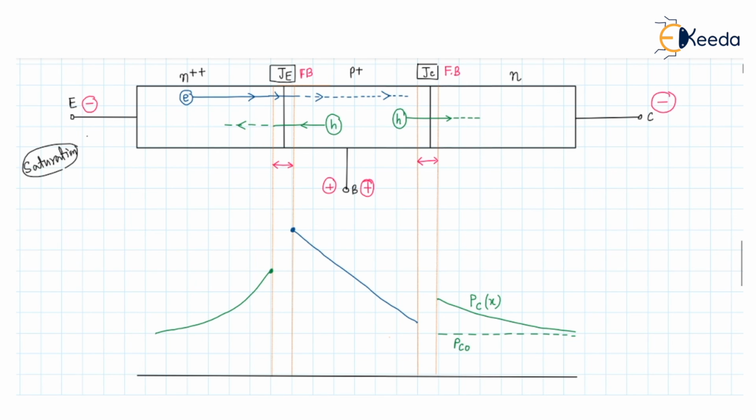Similarly, in the base region, this blue graph is the minority carrier concentration within the base, that is the electron concentration NB changing with respect to x, and this dotted line is the minority carrier concentration profile at the thermal equilibrium concentration, NB0, and in the emitter the minority carrier concentration will look like this.